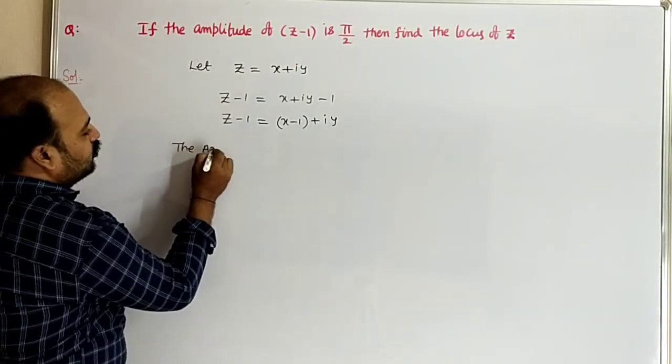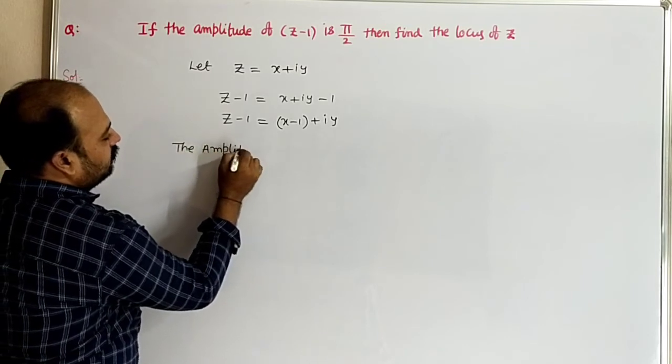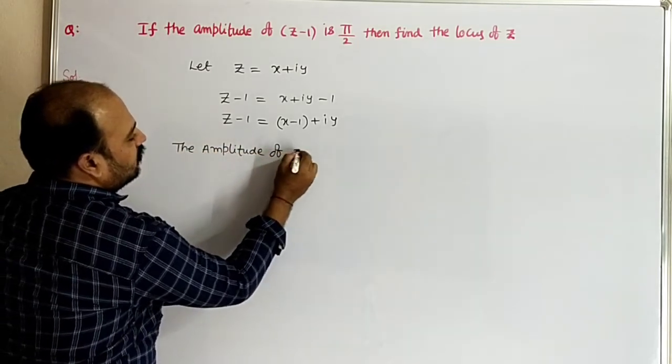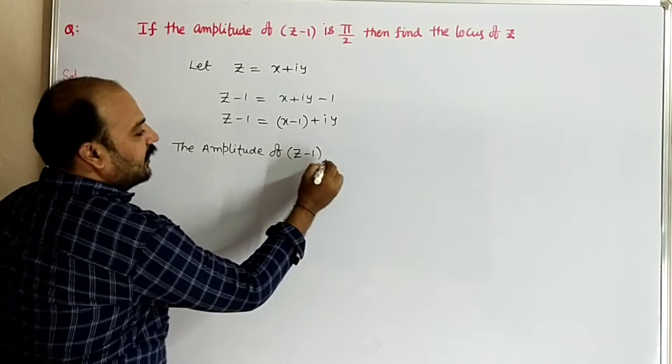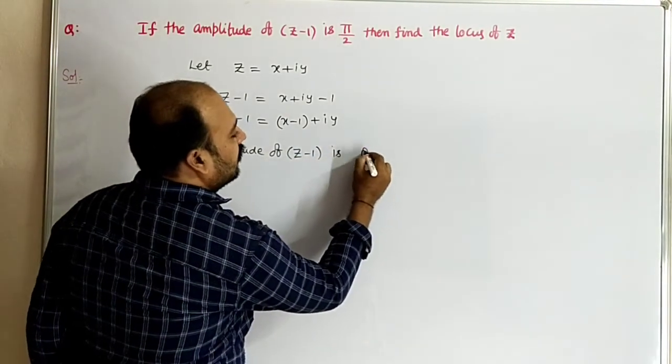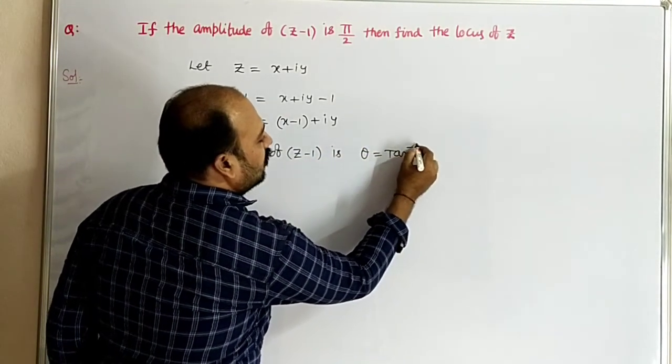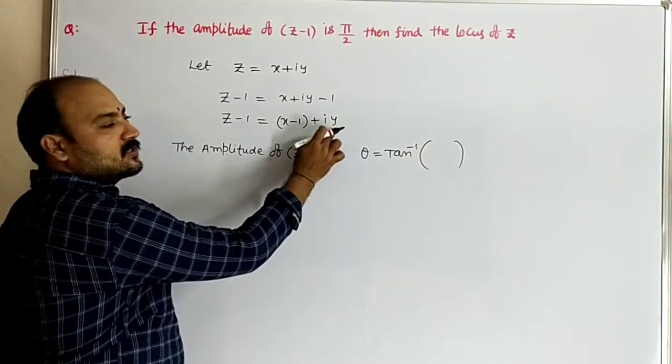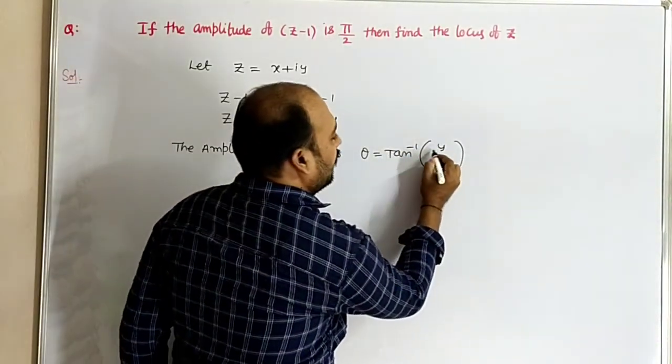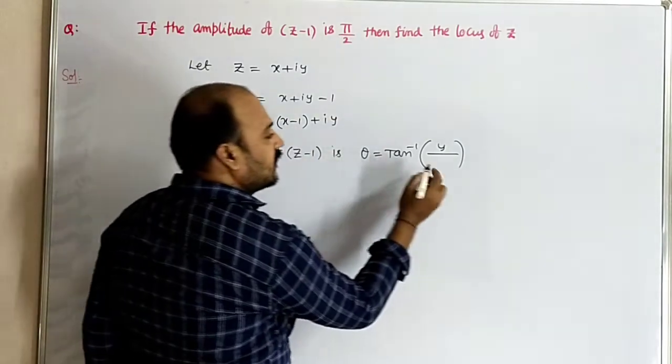The amplitude of z minus 1 is theta equal to tan inverse of y by x, where in place of x the value is x minus 1.